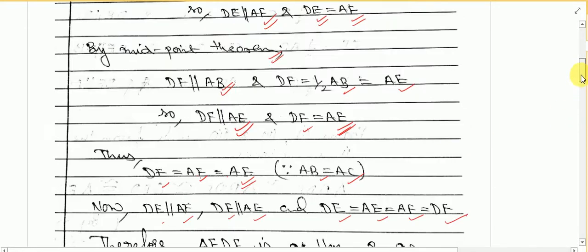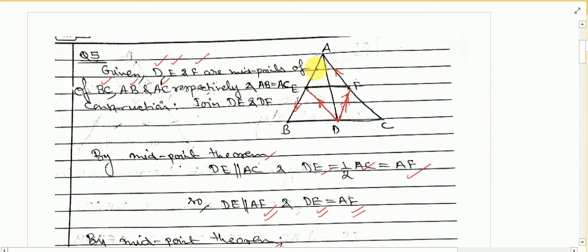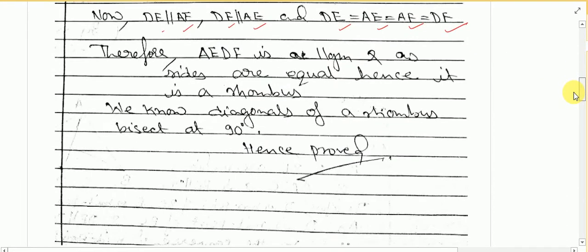So here what we are getting? We are getting opposite sides parallel and all the sides are equal. Therefore AEDF is a parallelogram, and as all sides are equal, hence it is a rhombus, and we know diagonals of a rhombus bisect at 90 degree.